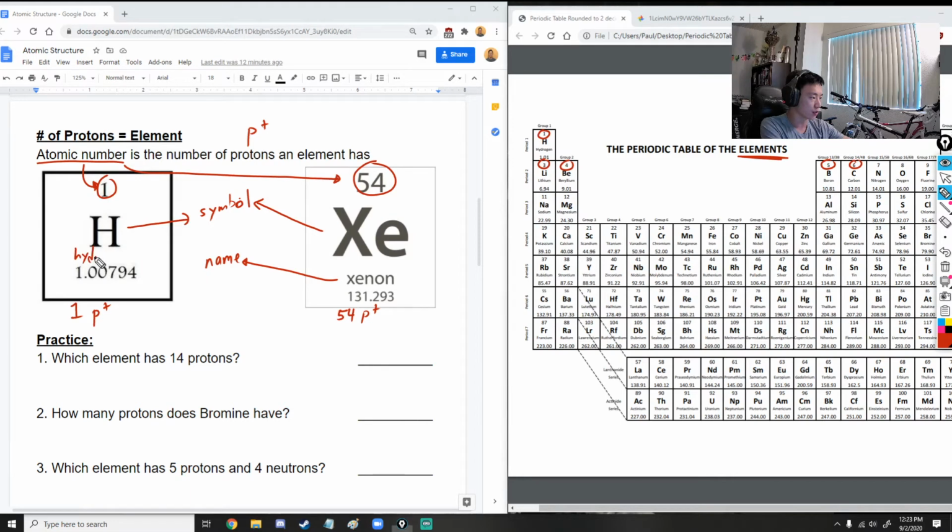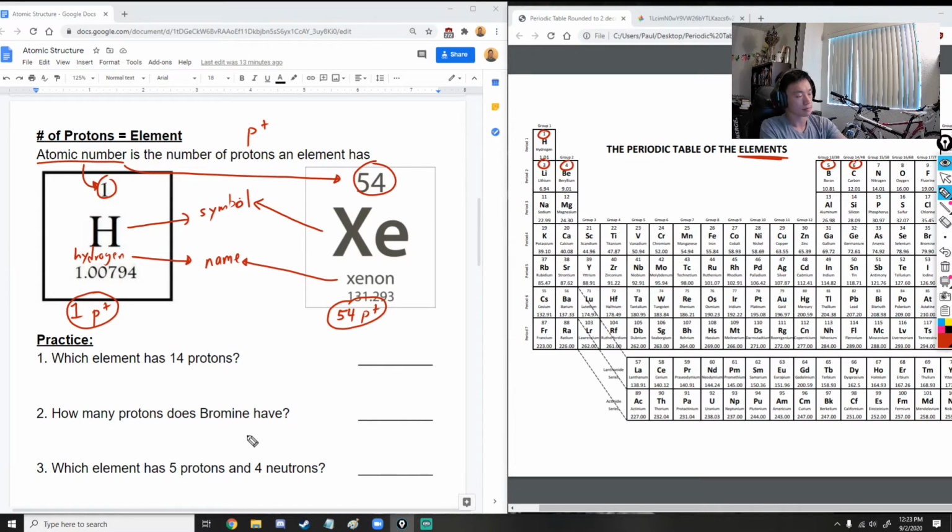I can just write it in for this box, but hydrogen is going to be the name of H. You can either write H or hydrogen, but it's a lot easier to just write the symbol. Hydrogen is the name for any atom that has 1 proton. Xenon is the name for any atom that has 54 protons.